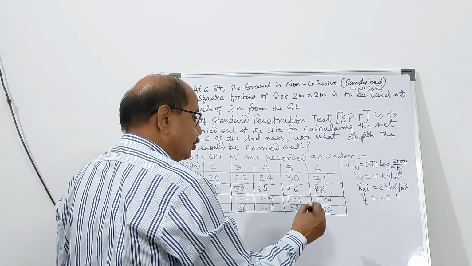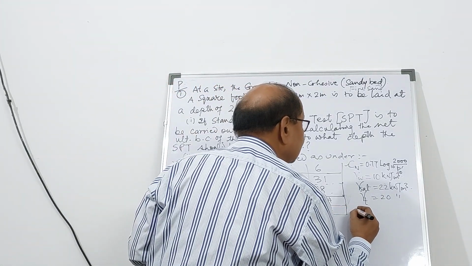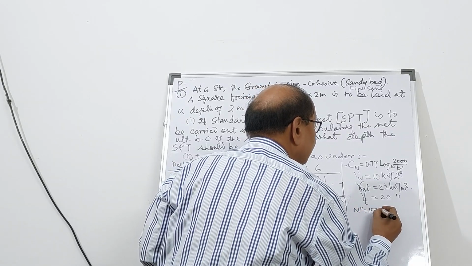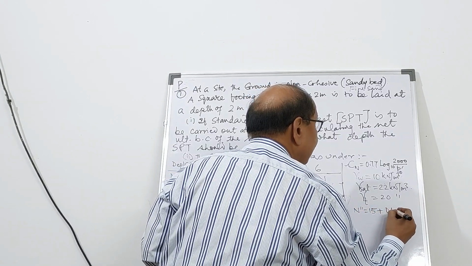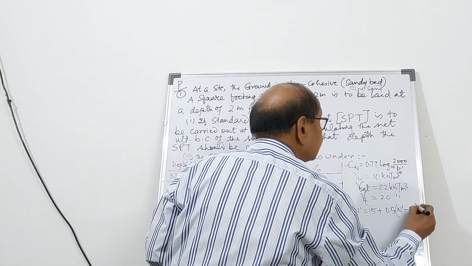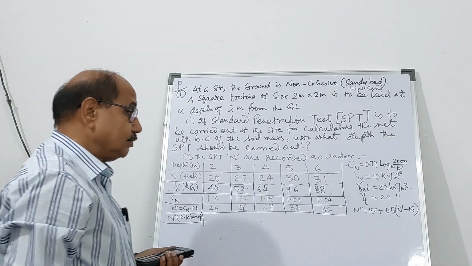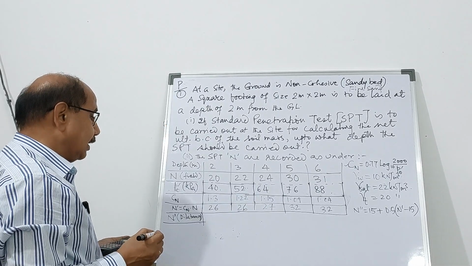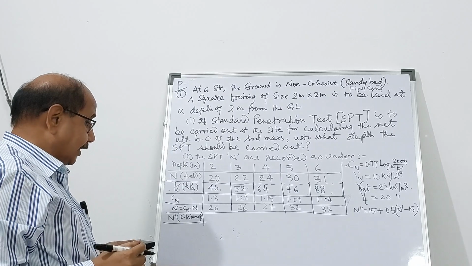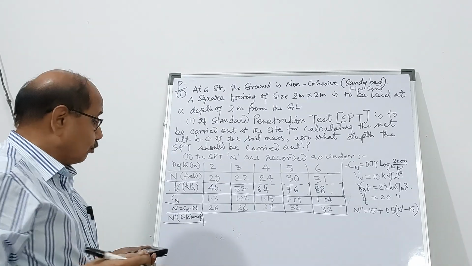The dilatancy correction is given as N double prime equal to 15 plus 0.5 into N prime minus 15. And the values are to be corrected only when it is underwater.